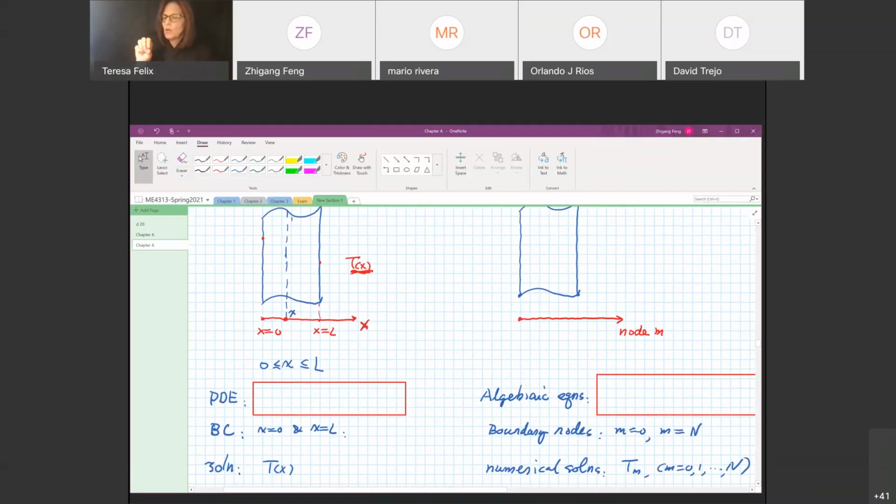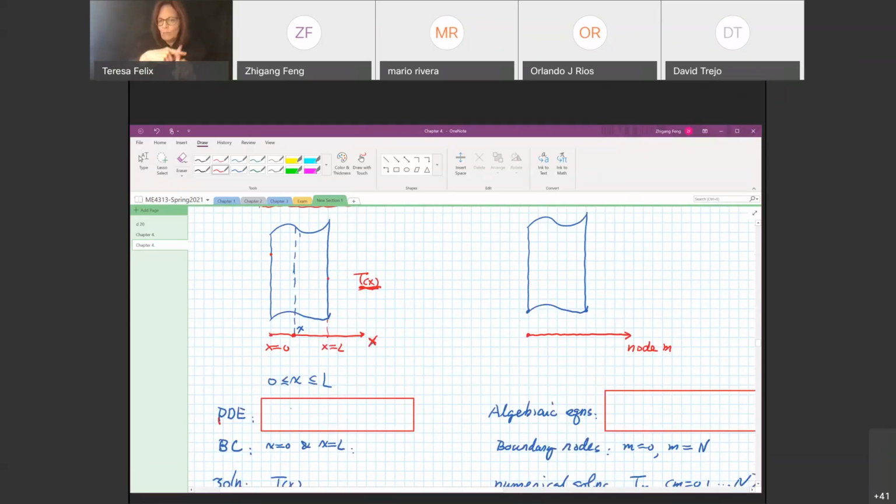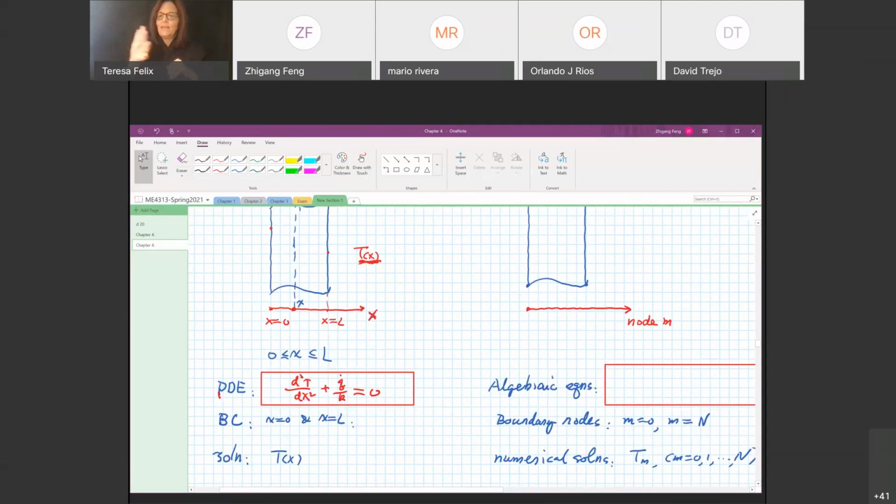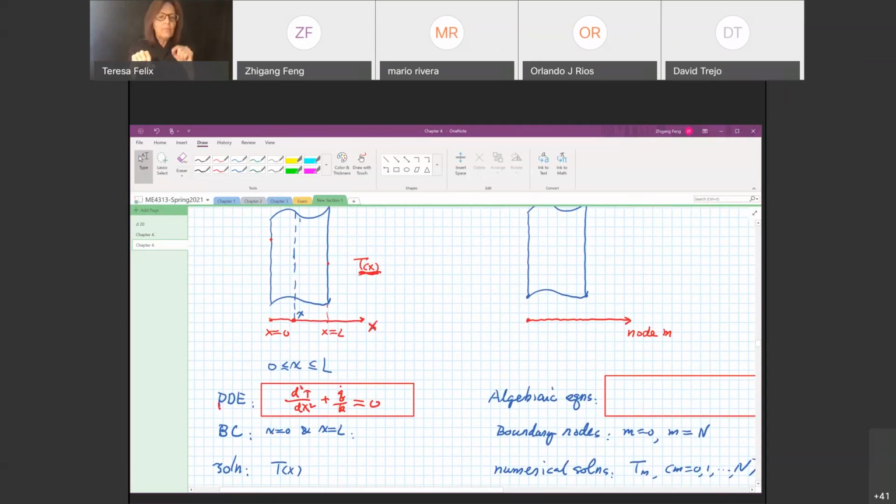And we start with a differential equation for the temperature T, and for this case, the differential equation is the second order derivative of T plus q dot over k equal to 0. Right? That's a deduced partial differential equation. Actually, it's an ordinary differential equation. We also need to impose the boundary conditions at x equal to 0 and x equal to L. Those are the two boundaries, and we have to provide boundary conditions.